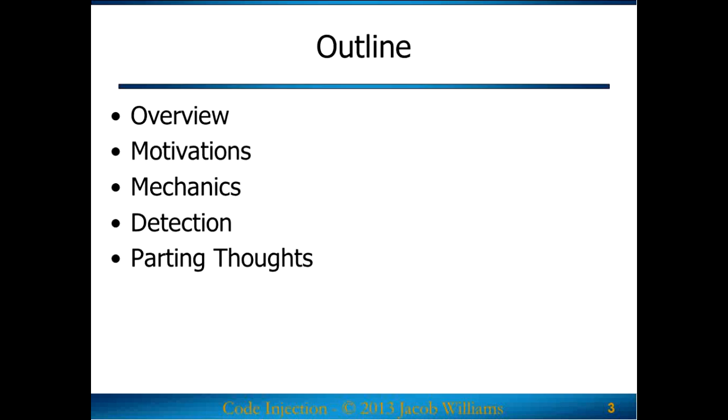So I want to talk a little bit first about what code injection is and how it works, and then we'll talk about the motivations. Why do attackers do it in the first place? Obviously, this must be more difficult than simply double-clicking an executable and having it run on the process list. We'll talk about some of the mechanics, the actual application programming interfaces, or Windows APIs, that go into making code injection happen. I'll talk about some strategies for detection. Then, depending on our time, we will, well, not depending on, we'll do a little bit regardless, break into the VM and open up IDA Pro.